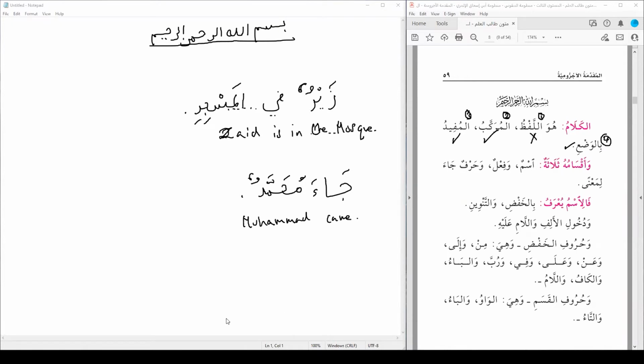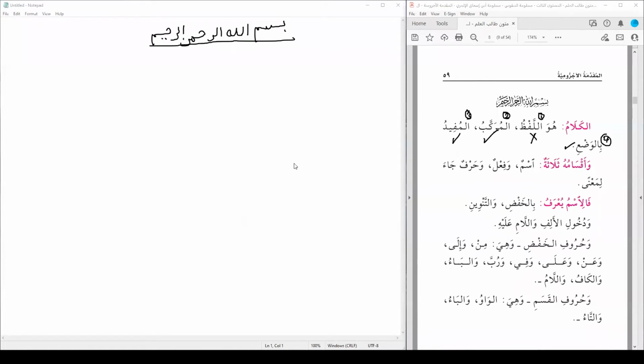Then the author, after explaining what al-kalam is, goes into the components from which al-kalam is made. So al-kalam, we said it means the speech, Arabic speech. And it is made up of certain components.